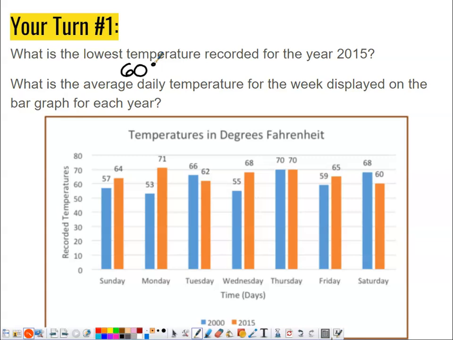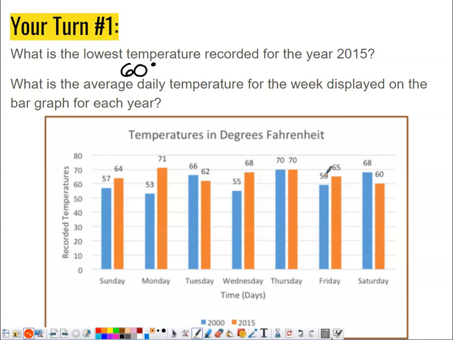So we have 7 days for each year, right? So to find the average or the mean, we need to add up all those numbers. So I'm going to talk you through it, right? So we have 57 plus 53 plus 66 plus 55 plus 70 plus 59 plus 68. And then we divide by 7, right?